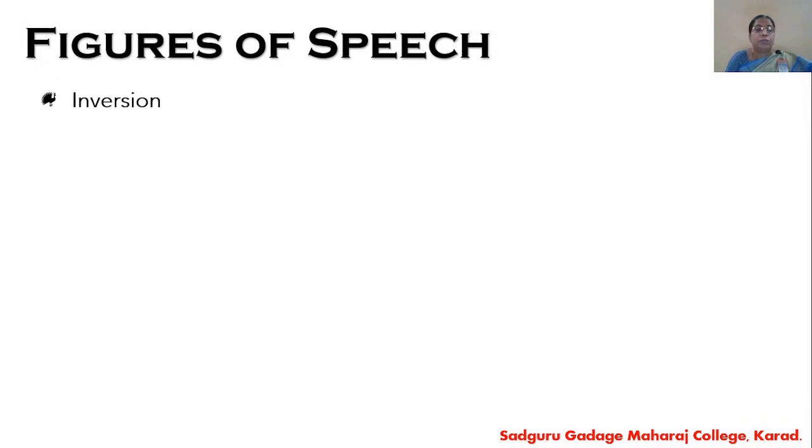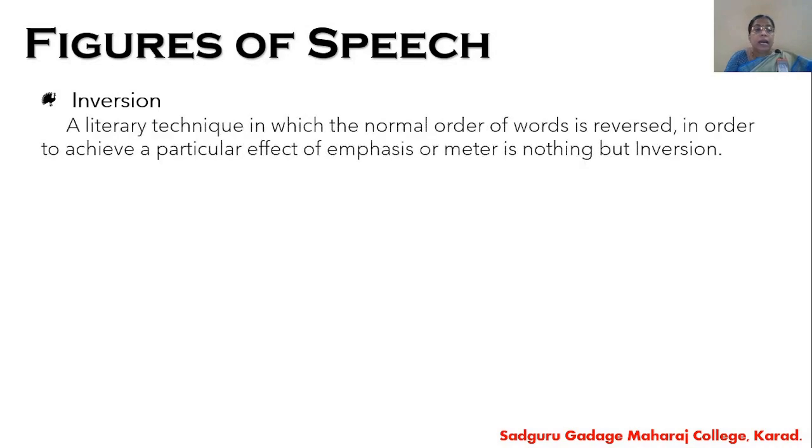Next figure of speech is inversion. A literary technique in which the normal order of words is reversed in order to achieve a particular effect of emphasis or meter is nothing but inversion.